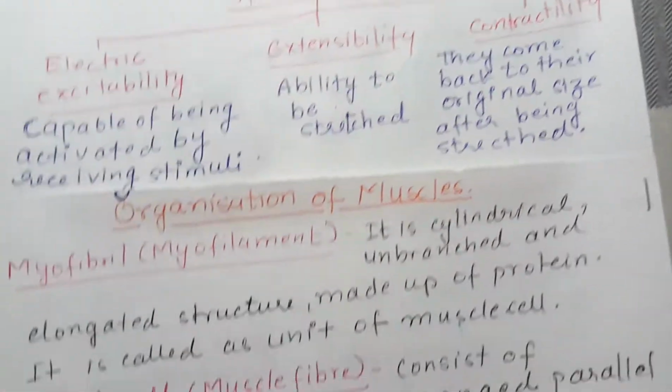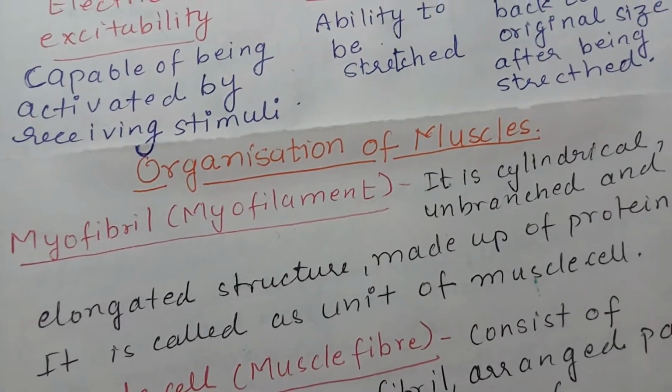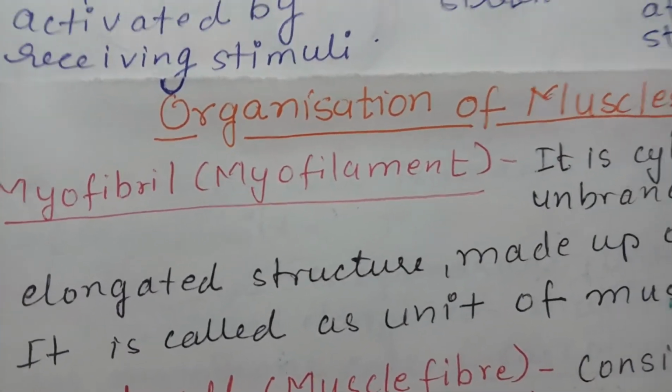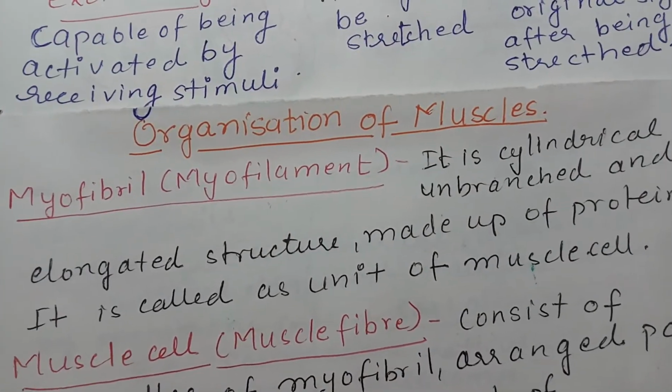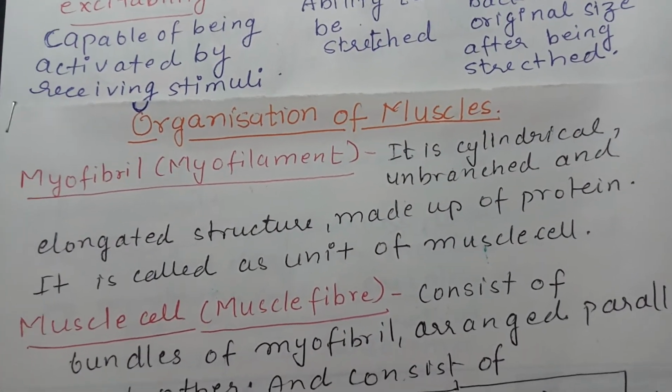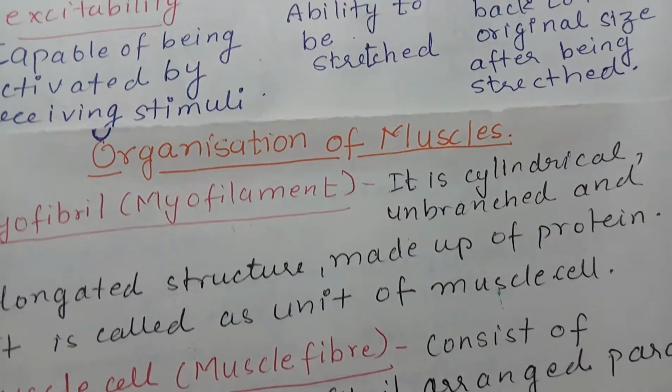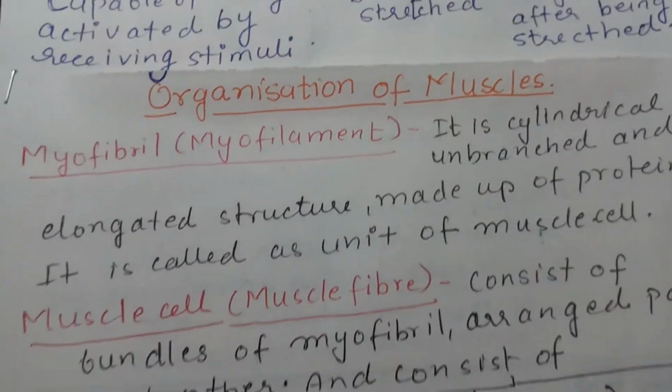Now let's look at the organization of these muscles. The basic unit is the myofibril. It is a cylindrical, unbranched and elongated structure made up of protein, and this is called the unit of the muscle cell.